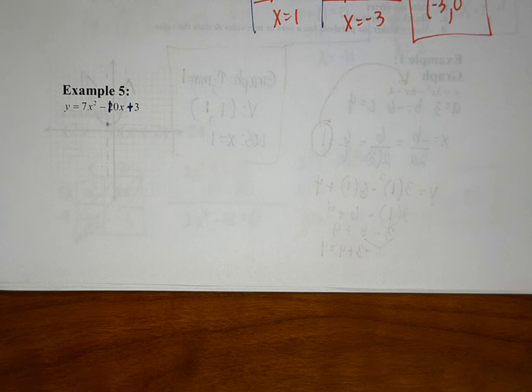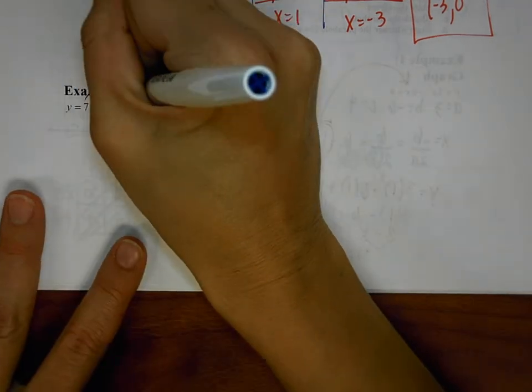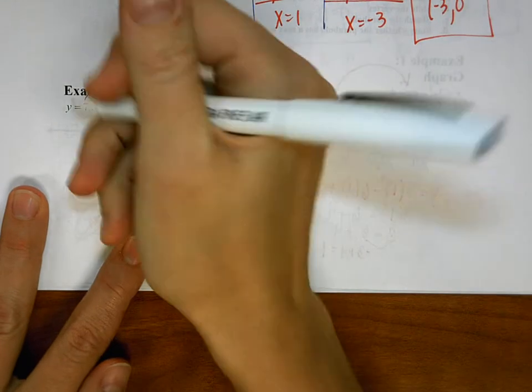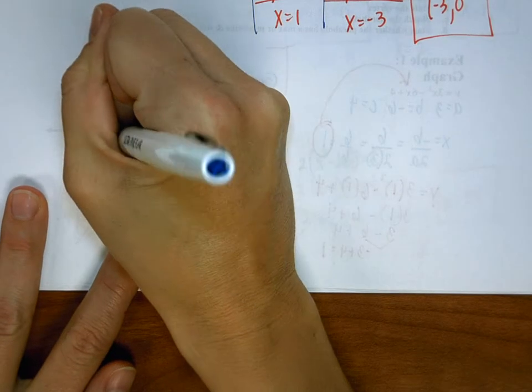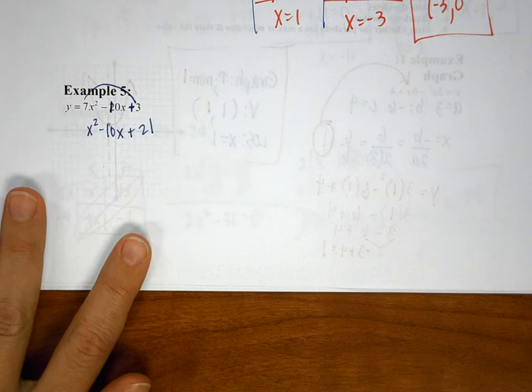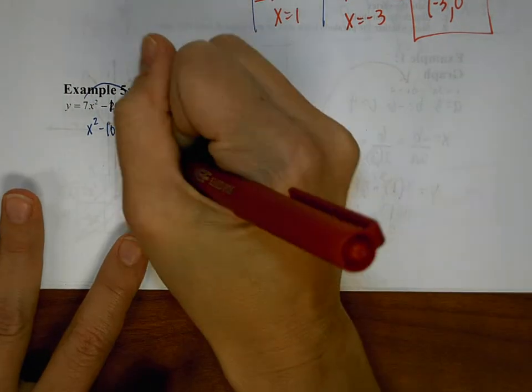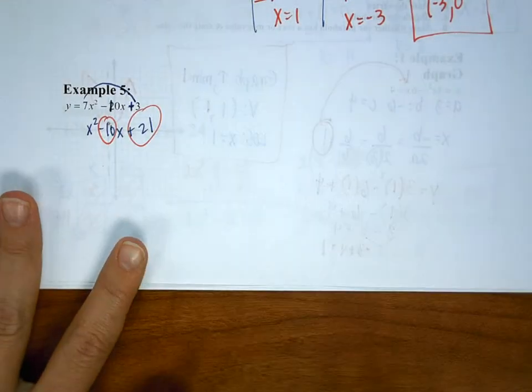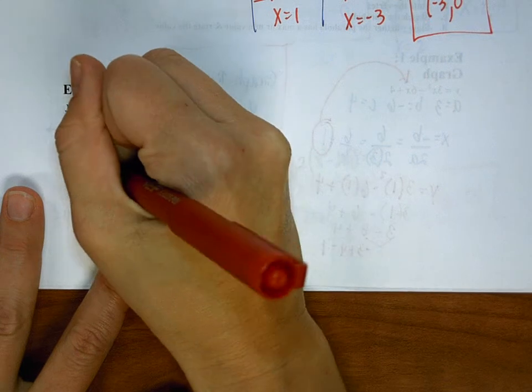So what are we going to have to do first on this one? Over, under, very good. So we're going to go over by 7, and we get x squared minus 10x plus 21. So now we're looking for what multiplies to be positive 21 and adds to be negative 10. Very good.